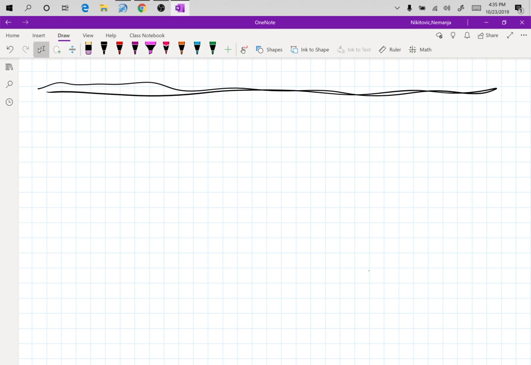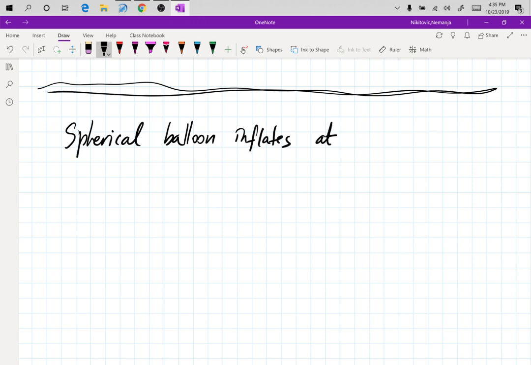So, spherical balloon inflates at 15 inches cubed per minute.